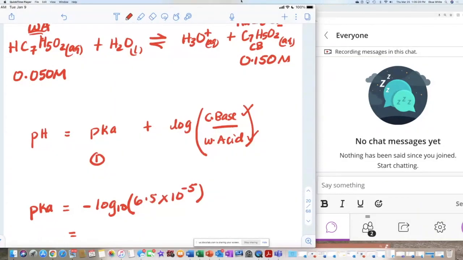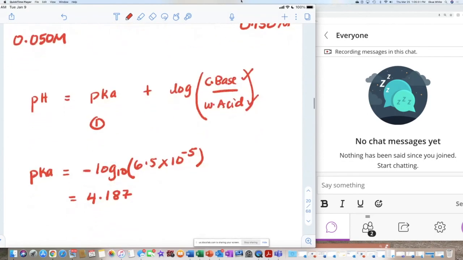I should invest in a more expensive calculator. No, I'll struggle through. The struggle is good for my brain. Negative log base 10, open parentheses, 6.5, exponent negative 5, close parentheses. Let's see. Oh, I got it. 4.187. So I'm done with this part.